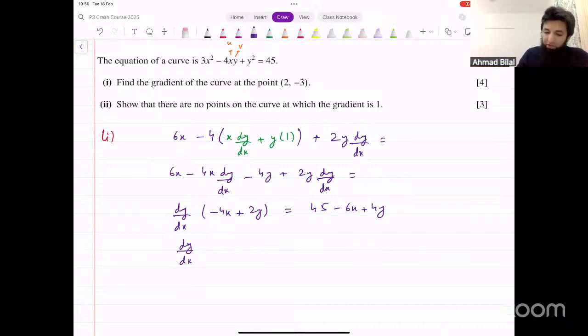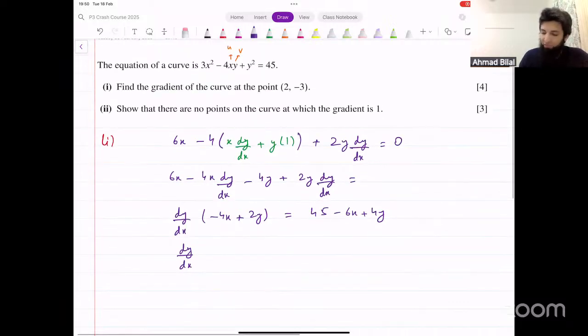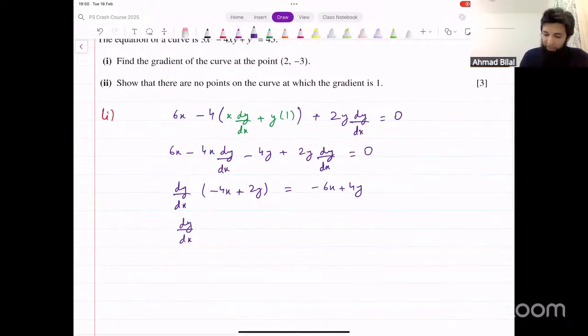I forgot to differentiate 45. You have to differentiate both sides, right? The derivative of 45 is going to be 0 here. Yeah, thank you for pointing that out. The right side should be 0 there. Once we differentiate 45, it should become 0. Okay. So dy over dx is (minus 6x plus 4y) divided by (minus 4x plus 2y).